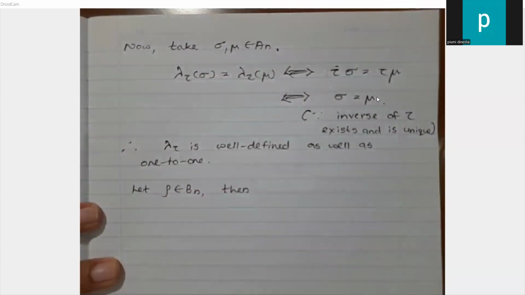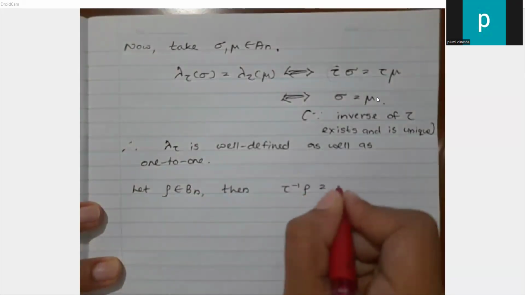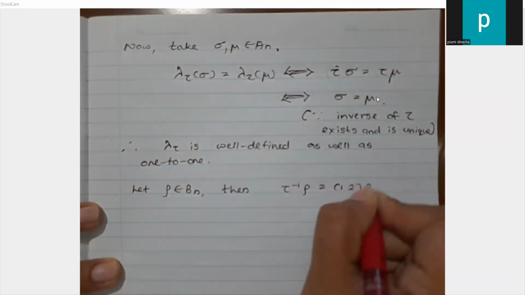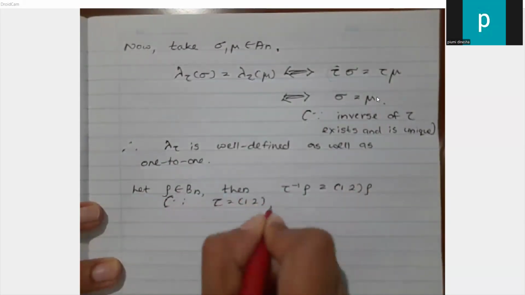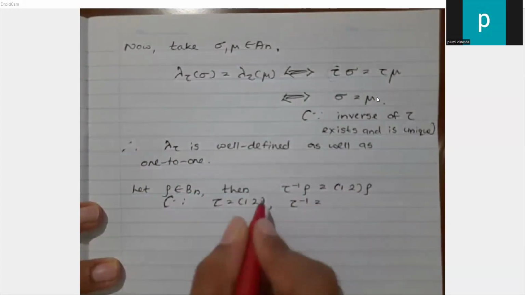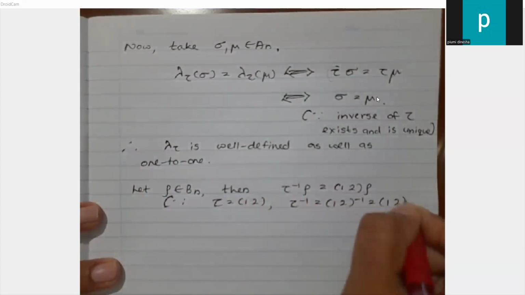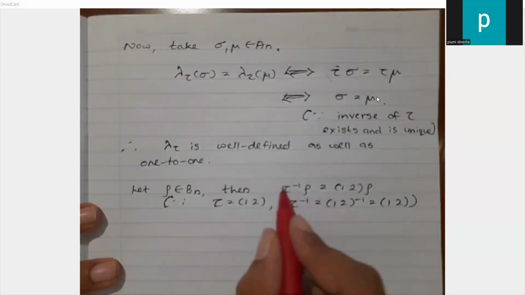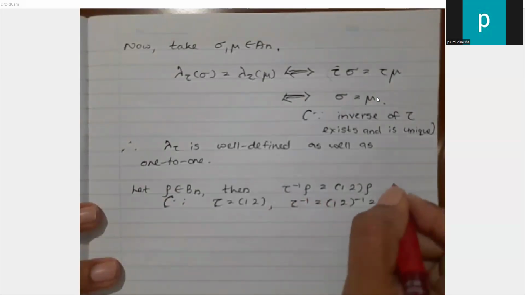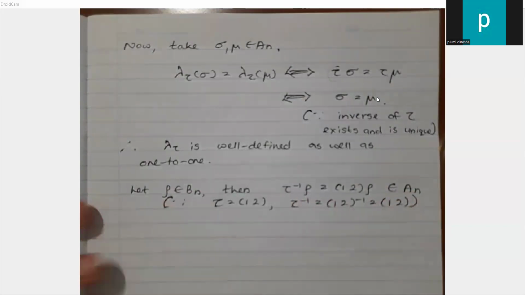Then observe that tau inverse rho is given by (1 2) rho. Why is this? Because tau is given by (1 2), and we know tau inverse, which is the inverse of (1 2), is simply (1 2), as we have seen earlier today also, right? Now, tau inverse of rho is an element in An. Why is that? Rho is an odd permutation.